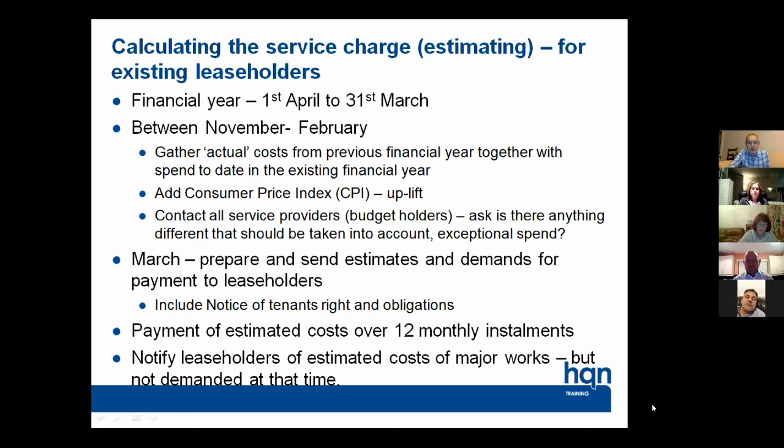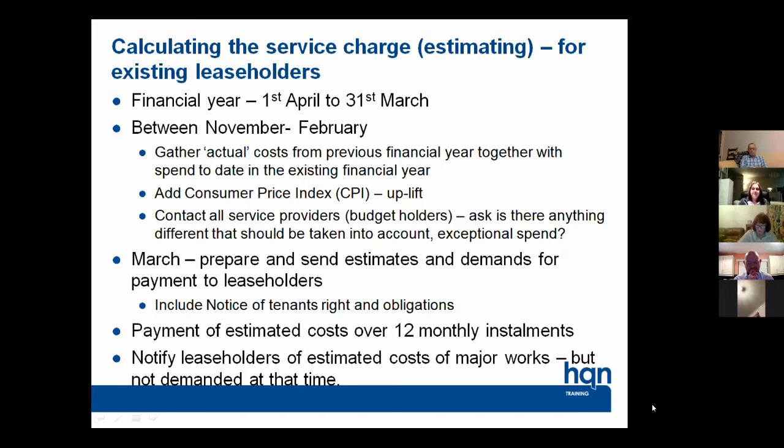So they've had to use 1920, but they also use actual costs in 2021 from the 1st of April up until November. By that point they'll probably have a good 6 months, may not have 7 months, because they'll still be waiting for bills and invoices from the likes of utilities, etc. But usually they have a good 6 months. So they've got actuals for 1920 and at least 6 months of 2021.